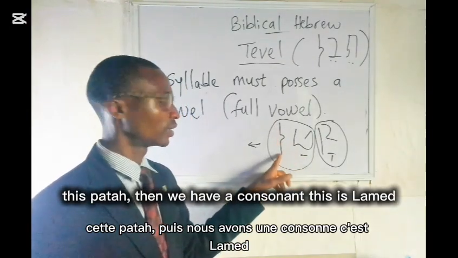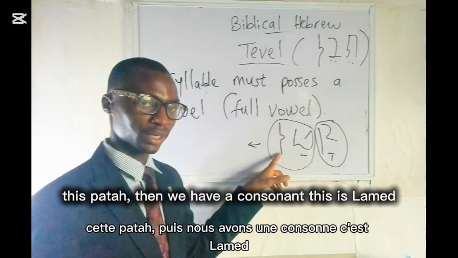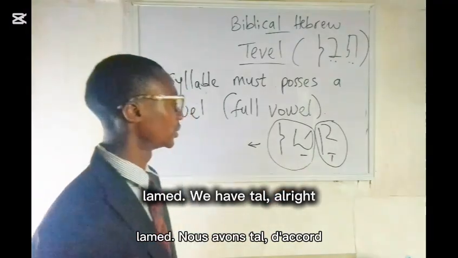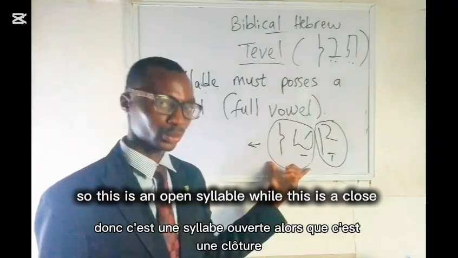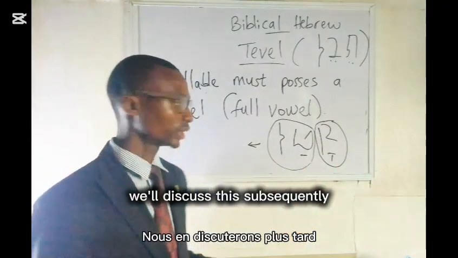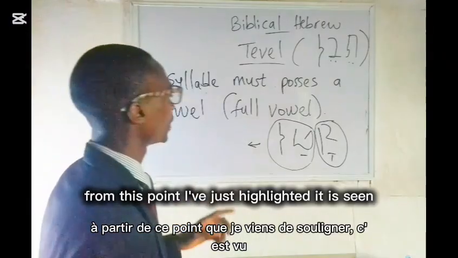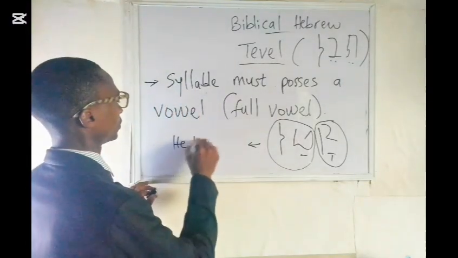Then we have a consonant, this is lamed. So we have tal. Alright. So this is an open syllable, while this is a closed syllable. We'll discuss this subsequently. But from this point I've just highlighted, the word is katal. This means he killed.